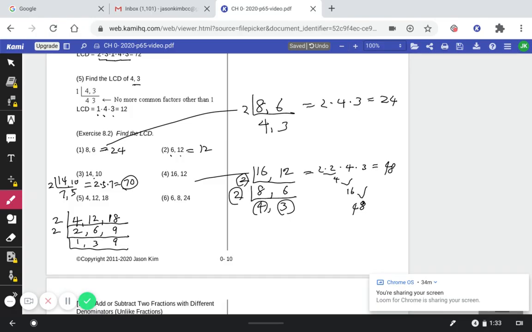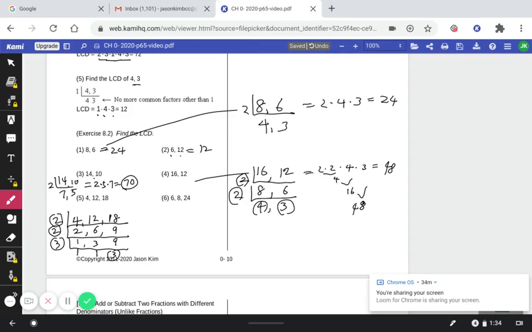And then 9, and not 1, but 3 and 9 have a common factor of 3. So you just write the 1 down. 3 goes into 3 once. 9 divided by 3 is 3. So that becomes 2 times 2 times 3 times 3, because 1 you don't have to write.